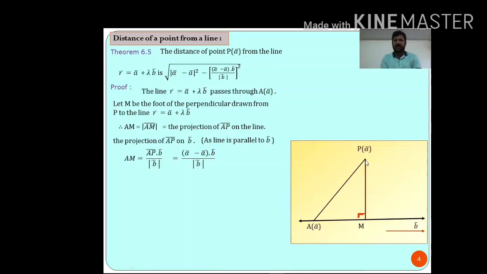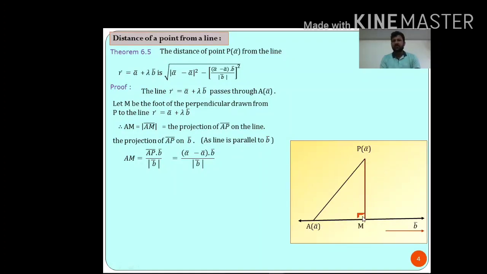It is a right angle triangle. We have to find the length of PM, that is the perpendicular distance. So we can apply the Pythagoras theorem to get the length of PM. So PM square equals AP square minus AM square.